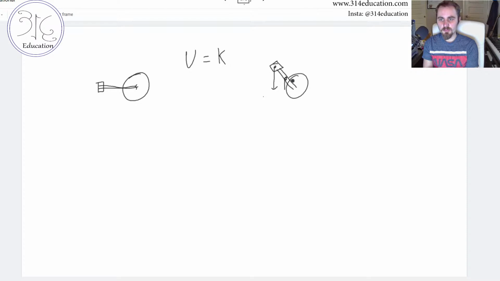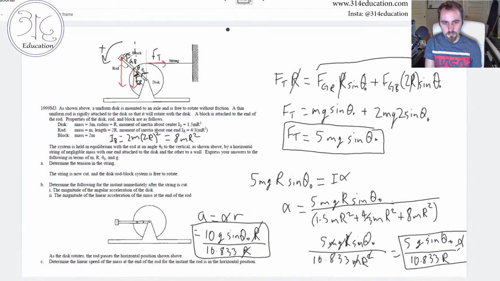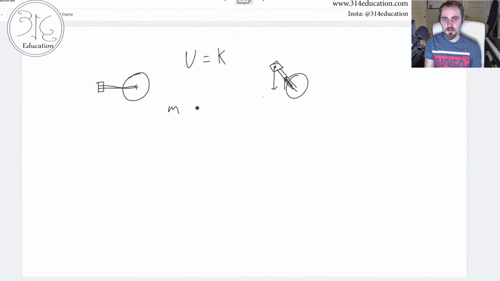These traveled a distance of, so the center of mass of the rod had an initial potential energy of, what did the rod weigh? The rod weighed 1m? Yep, okay. So that weighed mg, and then traveled a distance h, which we can relate to r and theta.